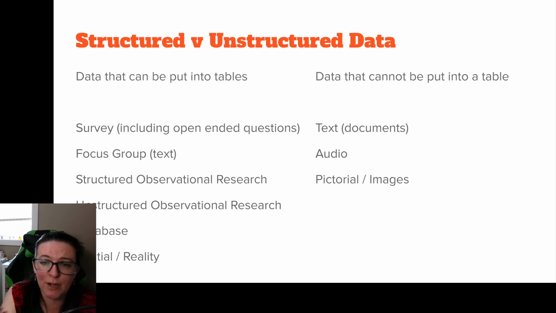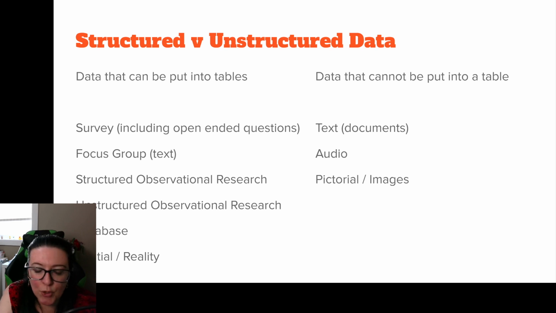So for example, if we are taking a survey, we can turn it into a table because we can take each person, they're a row, each column is a question, and their responses to each can populate that table. Even open-ended questions on the survey can fit into the table because we have a different respondent and a different question, and we would put that text into that box. So it's structured data.